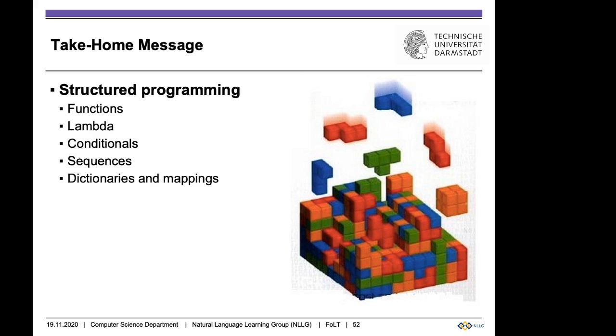Finally, we learned how to use dictionaries to map multiple properties to every single word. For example, we can use dictionaries to build word frequency tables where we map the word frequencies to every single word.